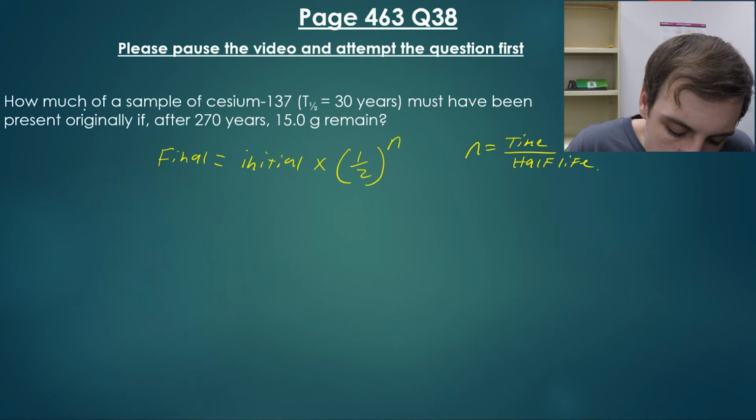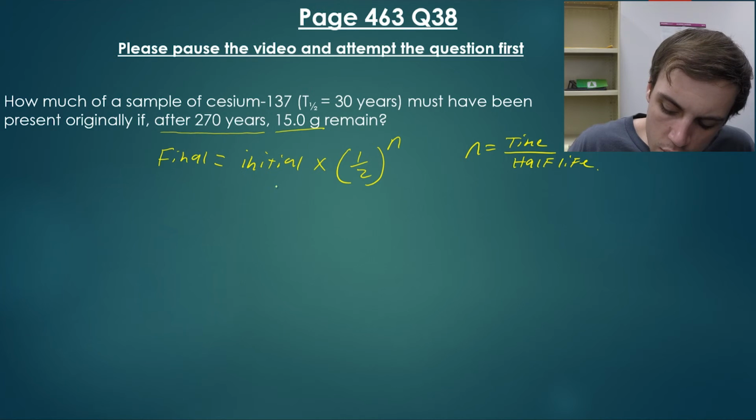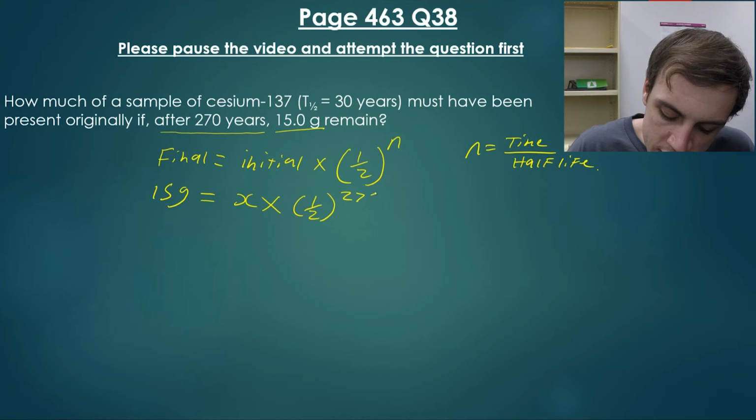We don't know the initial amount, but we know that after 270 years, 15 grams remain. So 15 grams is equal to the initial amount, which we don't know, that's X, times 1/2 to the power of the time, 270 years, divided by the half-life, which is 30.